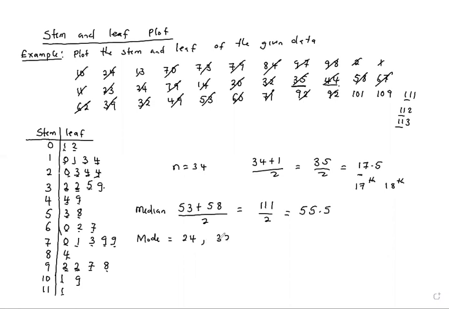Also 32, also 79, also 92. So these are the modes. For the modes, you pick all of them as many as they are. If you have 20 numbers with same frequency, then they are the modes that we have.